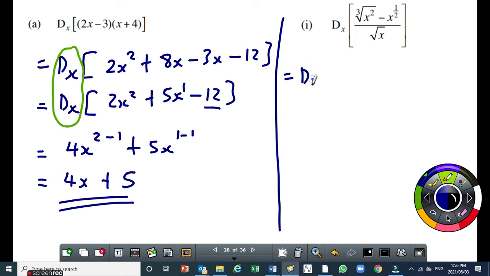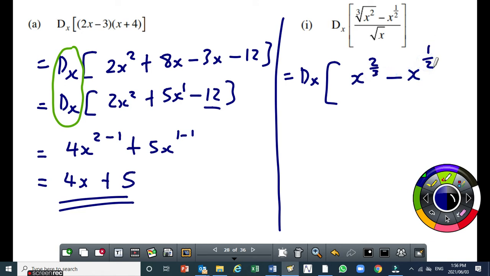So this will be d of x of, that will be the same as x to the power of 2 over 3, that would be x to the power of 2 over 3 minus x to the power of a half all over x to the power of a half. Okay? That's the first step. To remove the square root sign. You cannot find the derivative when the square root sign is there.